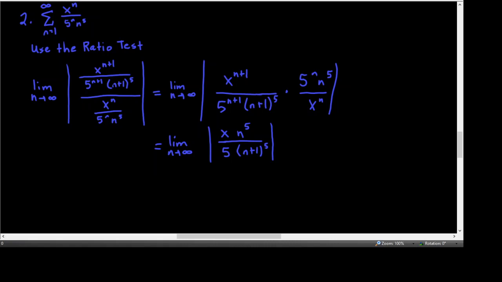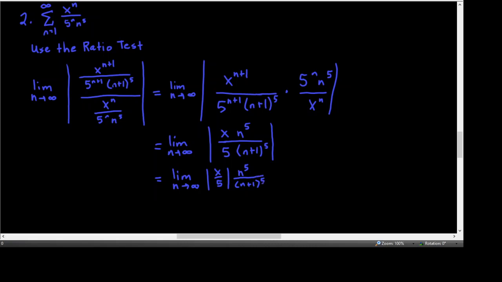Now the absolute value of x over 5 part can be split away from the things that involve n, and since n is 1 or bigger, the absolute value of those things is superfluous, so we can just take them out of the absolute value, because the absolute value of any positive thing gives you back itself.